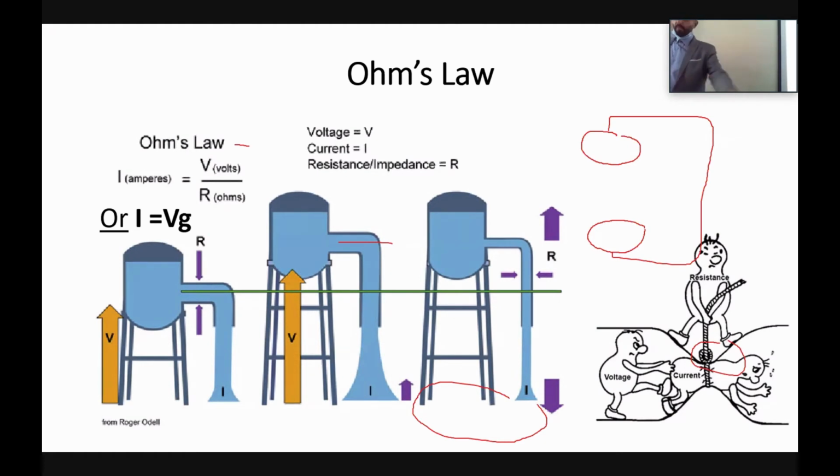And this can be explained in this way, where you can see here, we have a water tank, okay? And so height can represent voltage, okay? And the diameter of the pipe here represents the resistance or conductance, okay? And current is the flow of water.